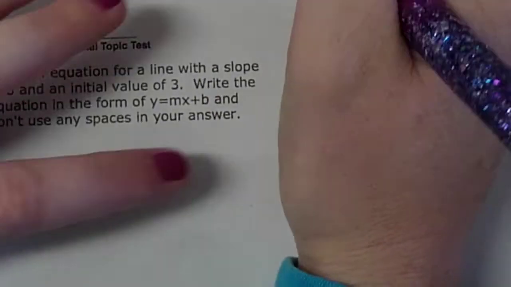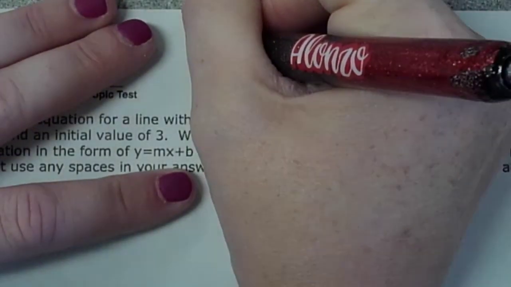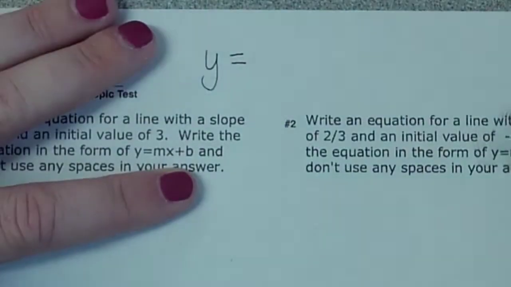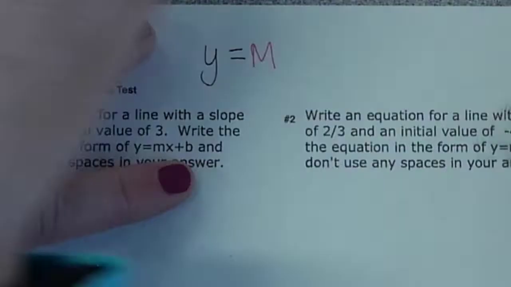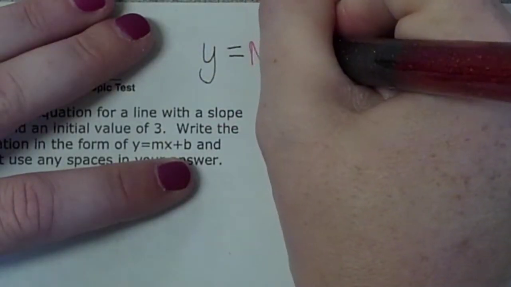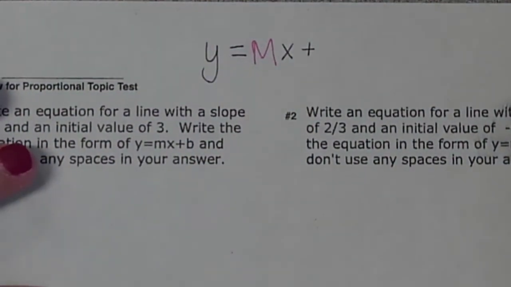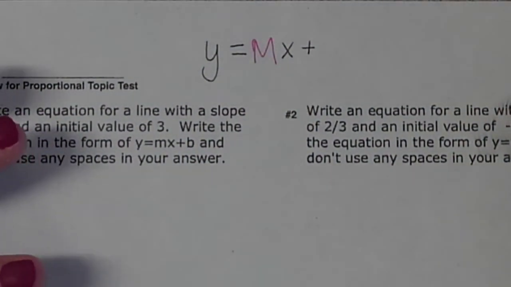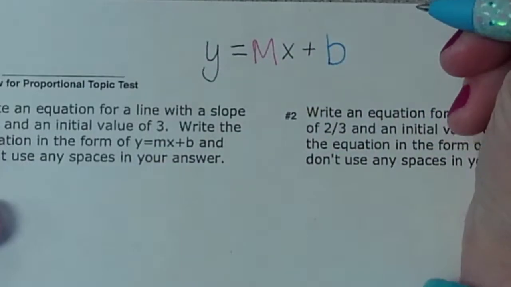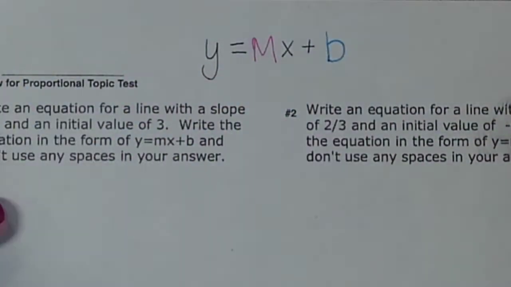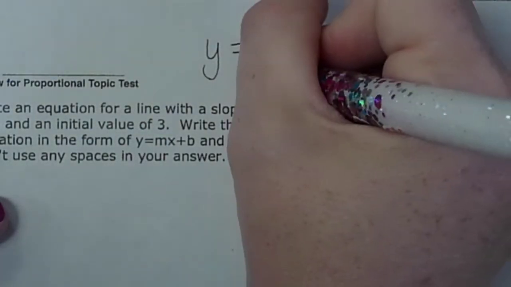Remember, I'm going to do this in a couple of different colors so that we can see all of it. When we have y equals mx plus b, remember, when you have this form, the rate or the slope is always the m.